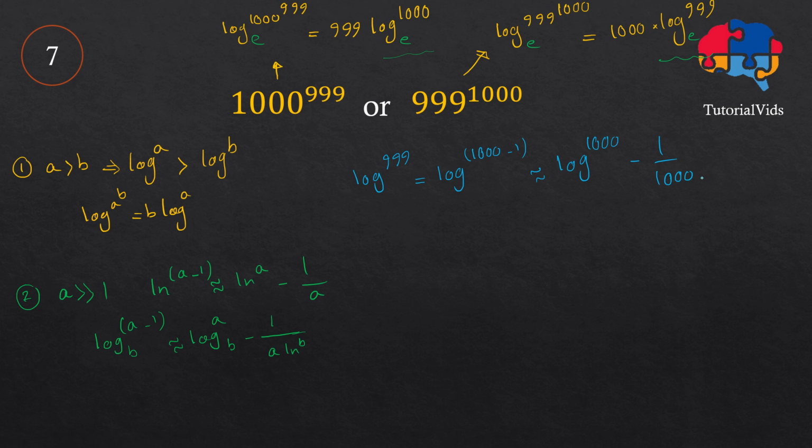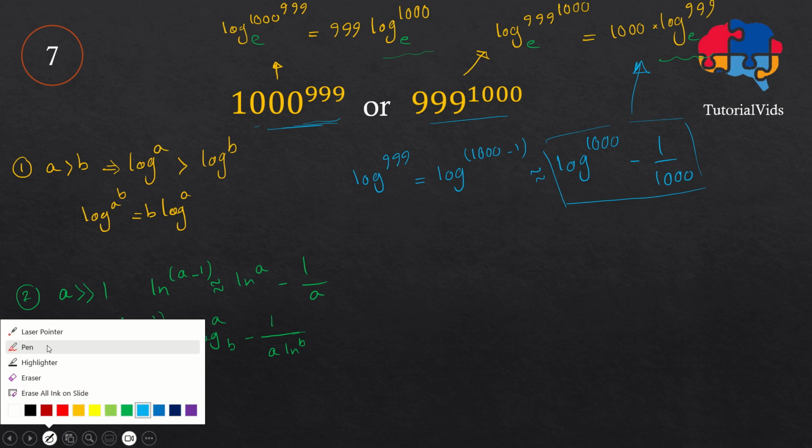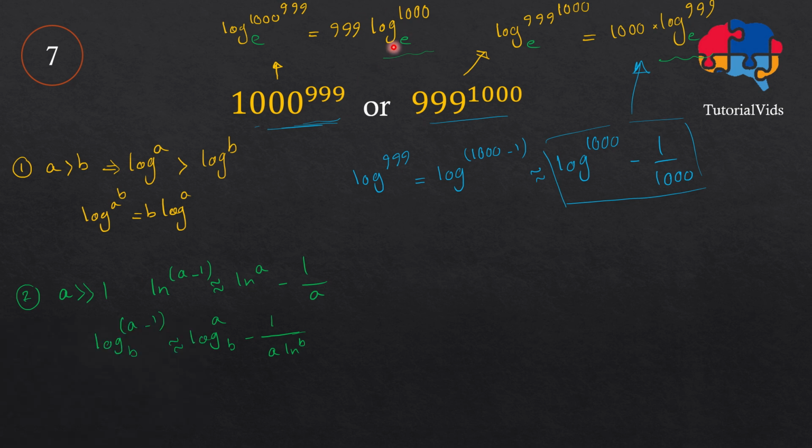And if I replace this expression here, then instead of the two numbers here, I need to compare this and 1000 times this, okay?